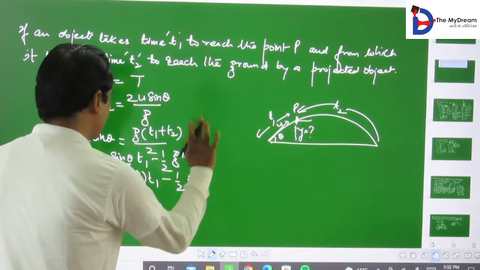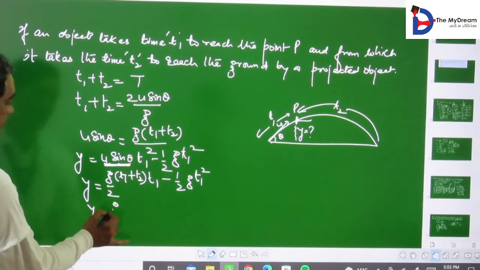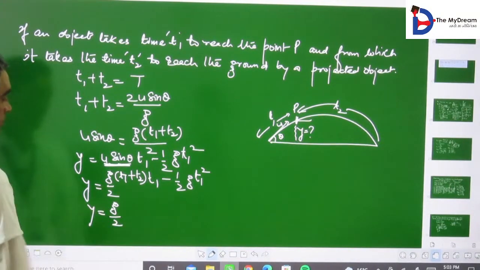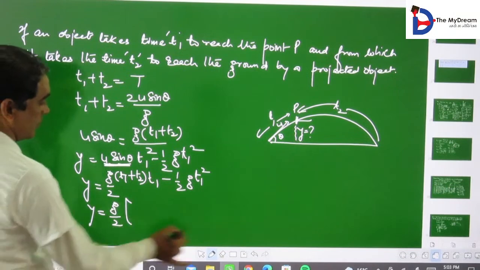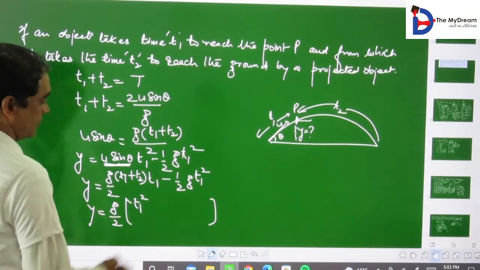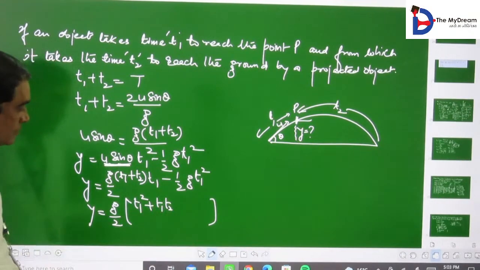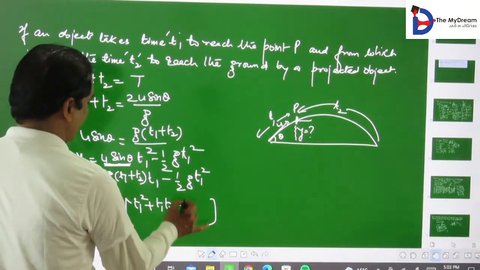There is the t1 square. g by 2 common. t1 into t1, t1 square. This is t1 into t2. This is t1 square.